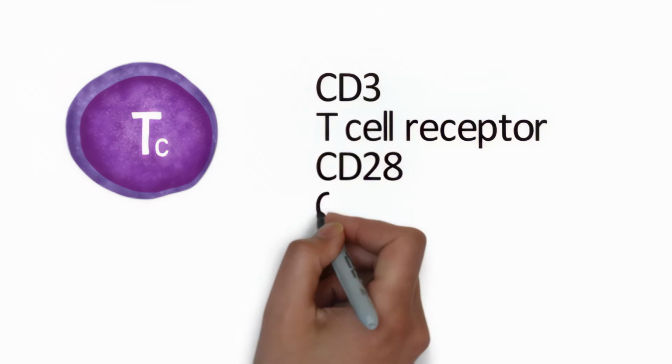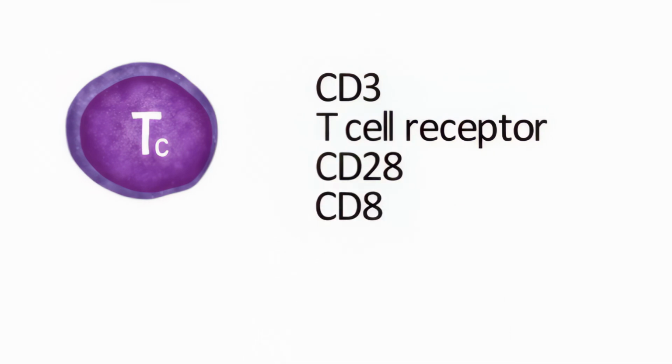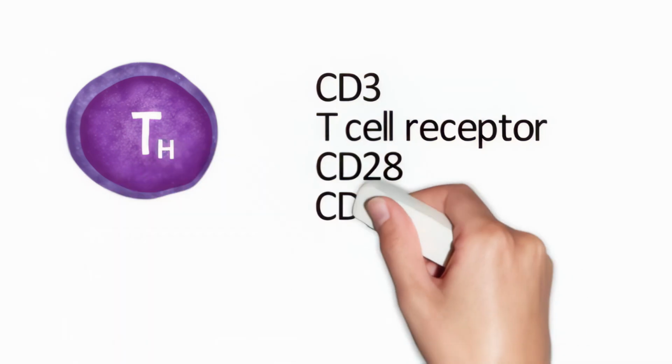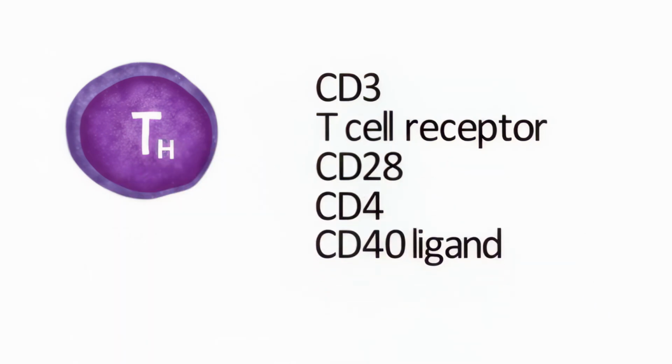Cytotoxic T cells also have CD8 surface markers, in addition to many others, and that CD8 is what helps it bind to MHC1. And helper T cells have CD4, plus they have CD40 ligand for activating B cells. The B cell presents the antigen to helper T cells and says, "Check out what antigen I found. What do you want me to do with it?"